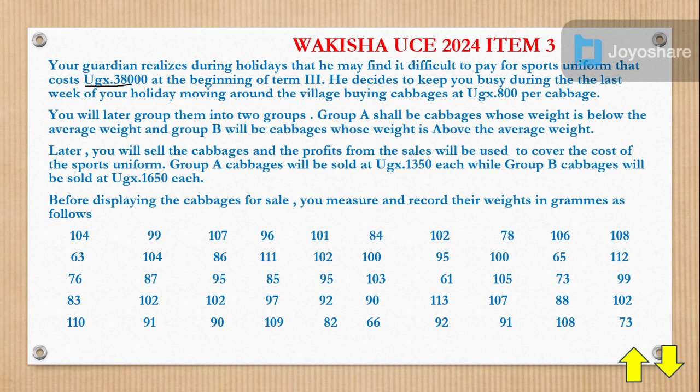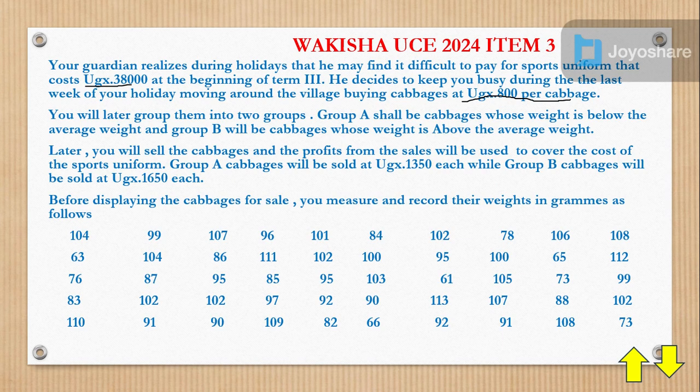He keeps you busy during your last week of the holiday around the village buying cabbages at Uganda shillings 800 per cabbage. You later group them into 2 groups. Group A shall be cabbages whose weight is below the average weight, and group B will be cabbages whose weight is above the average weight.